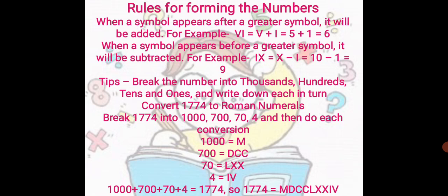So, from the place value chart, the value of 1000 is M. The value of 700 means 500 plus 100 plus 100.